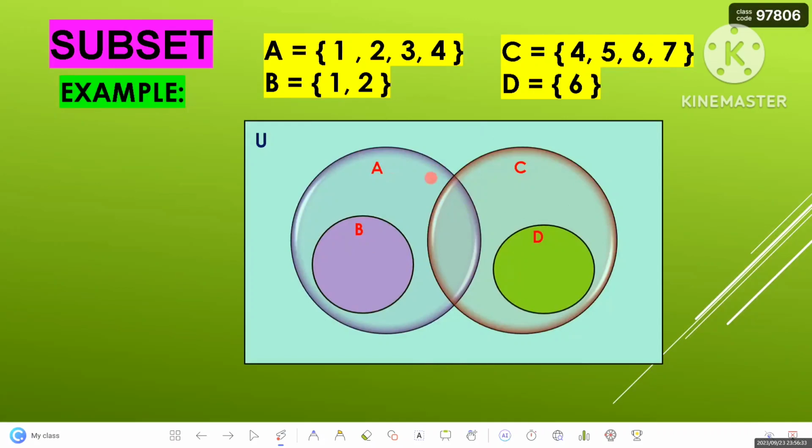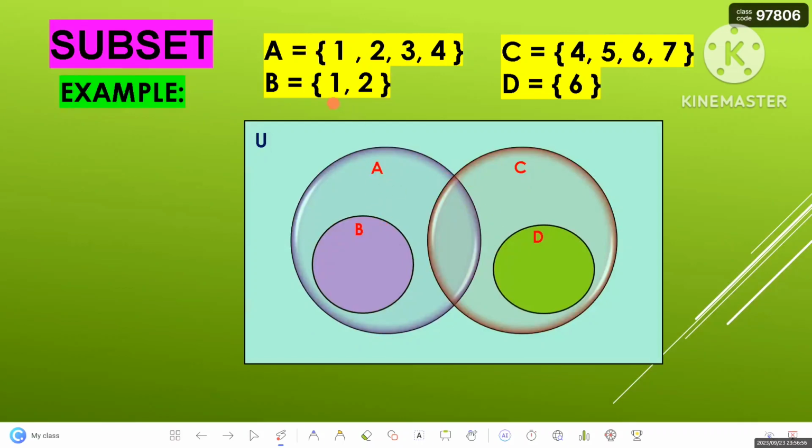Paano natin makikita? Let's find out set A and B muna. Sa set A, we have 1, 2, 3, 4, and the B is 1, 2. So their common is 1 and 2. Therefore, kung lalagyan natin ng elements ang A, ilalagay natin ang 1 and 2.